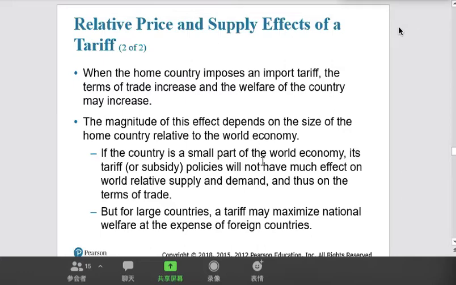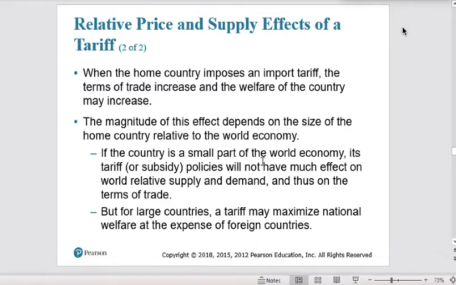However, for the small country, they don't have the power to do that. Think about Singapore, right? No matter what they do, because it's a tiny population, whatever they do, it doesn't really impact the world. So their tariff will not do anything to the terms of trade, unlike China or United States.